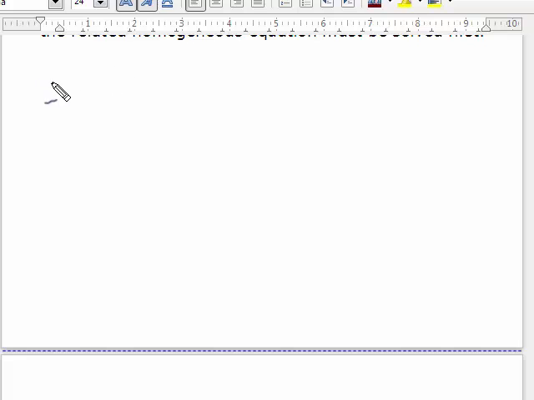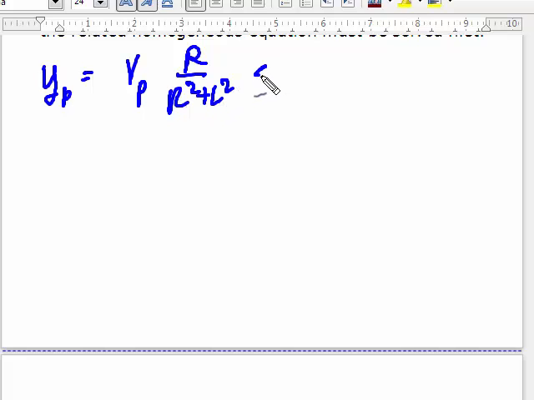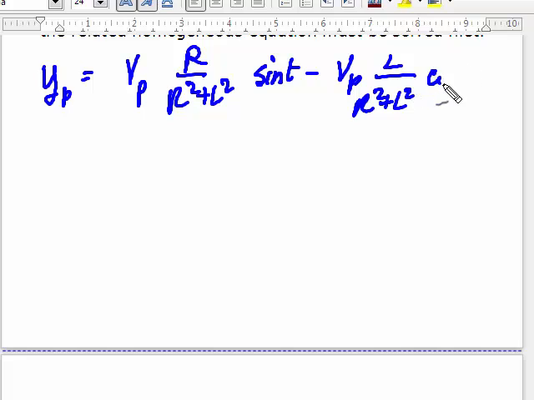So I'll just write it here. I of p equals Vp R over R squared plus L squared sine t minus Vp L over R squared plus L squared times the cosine of t. And the complementary solution, which was e to the minus R over L t.